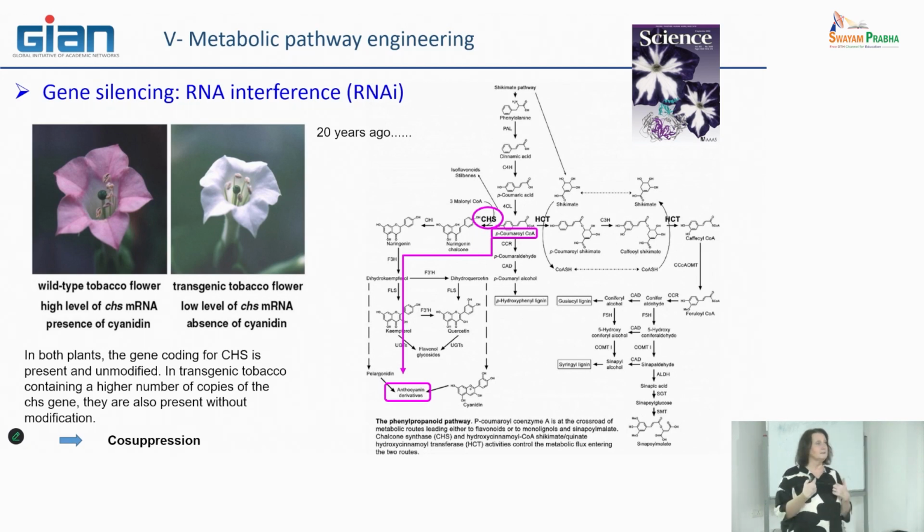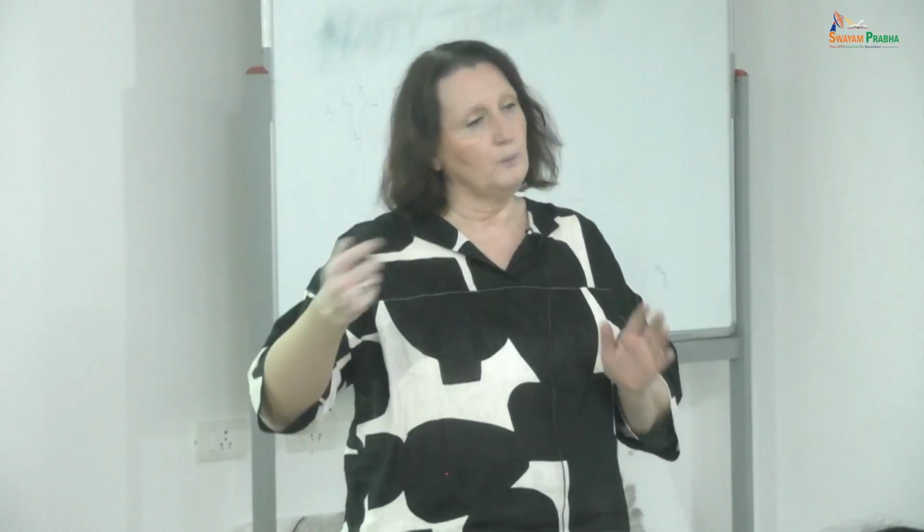They took the gene of the plant and introduced, by an Agrobacterium strategy, several other copies of the same gene. Meaning that if you have not only one but 2, 3, or 4 genes of the same enzyme, you will have a higher amount of transcript and, by consequence, a higher amount of protein.